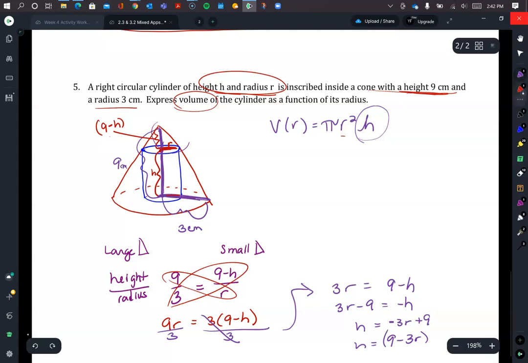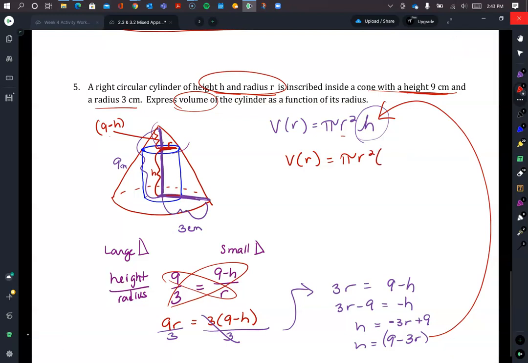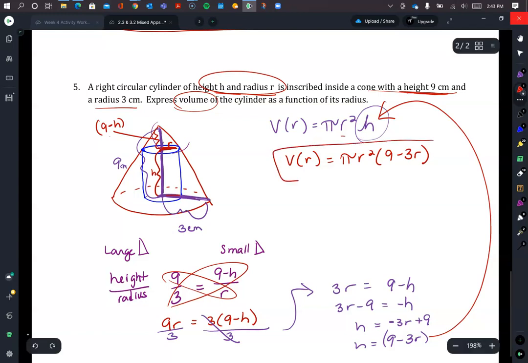And then that could go up in here for h. So then I would have V of r equals pi r squared quantity 9 minus 3r. I could distribute that out if I wanted to, but you don't need to do that. You can just leave it right like that.